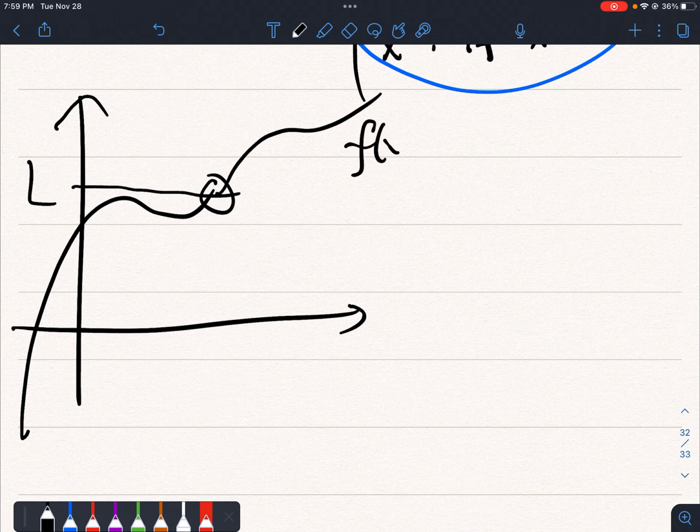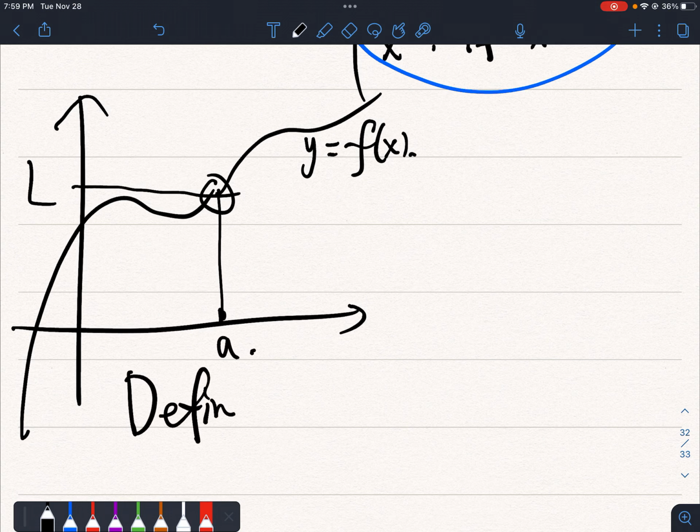Let's call this function f of x. In the graph it should be y equals f of x, but this function is called f, or f of x. And let's say this point is a.